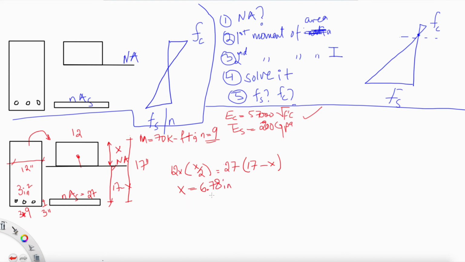Great. So we now know where the neutral axis is. That's what's important. Let's draw it quickly. It means that the beam is here, and the neutral axis is here, at 6.78 from the top. So the other distance is 10.22.